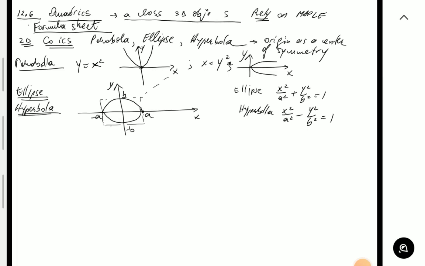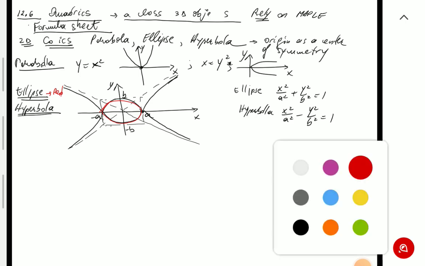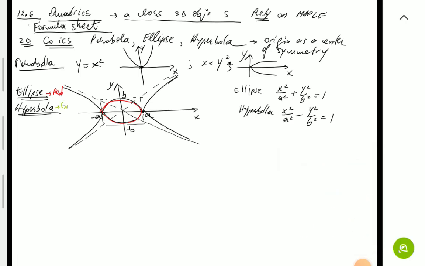And if you sketch the diagonals, the hyperbola, which is made of two pieces, is asymptotic to these diagonals, like this. Let's use a different color to distinguish the two. So the red one is the ellipse, and the green one is my hyperbola.